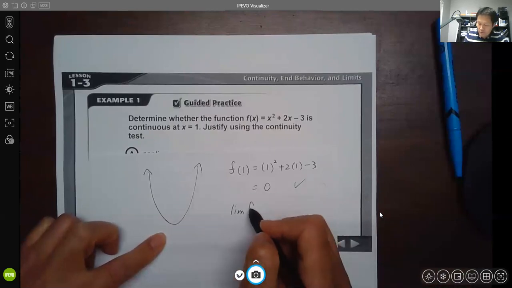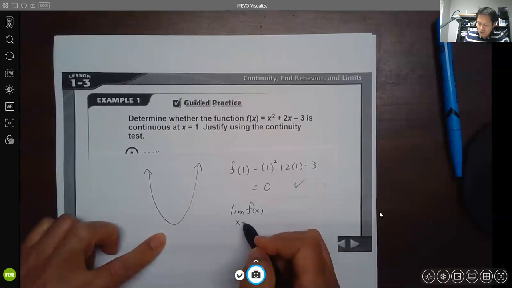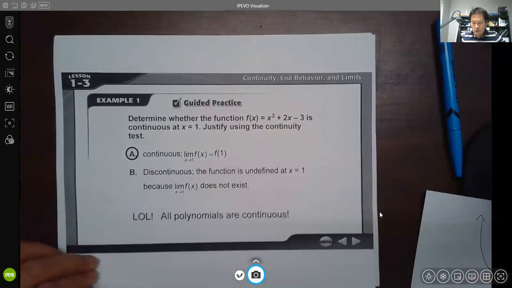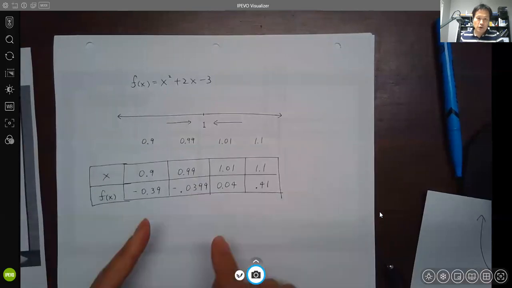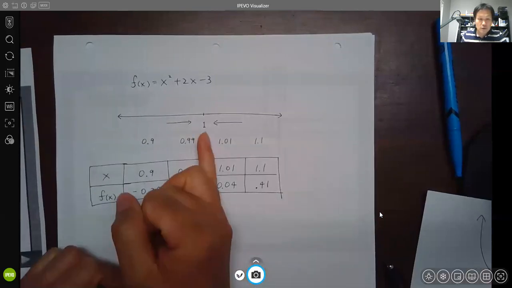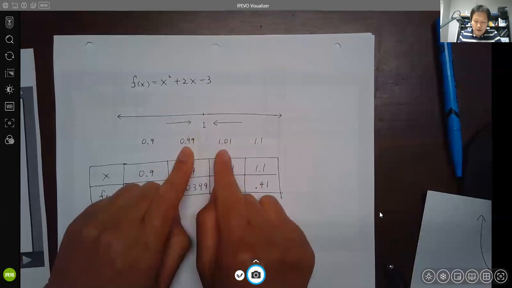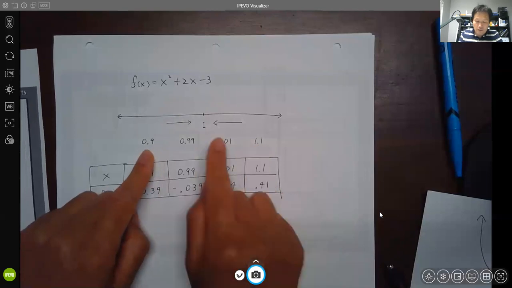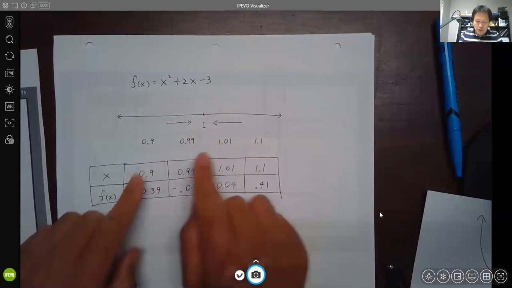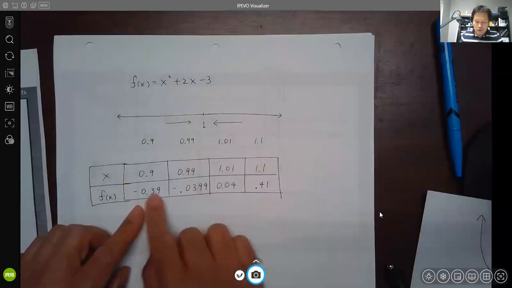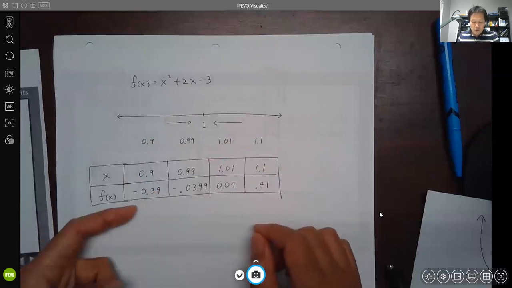Second is the limit. Limit of f of x as x approaches 1. What is that equal to? For that, you might have to do some table here. For x equal to 1, I made a gap of 0.01 left and right from 1. I made a gap of 0.1 from 1, left and right. I plugged in the x values, used the calculator, and got all the y values. So take a look at it.